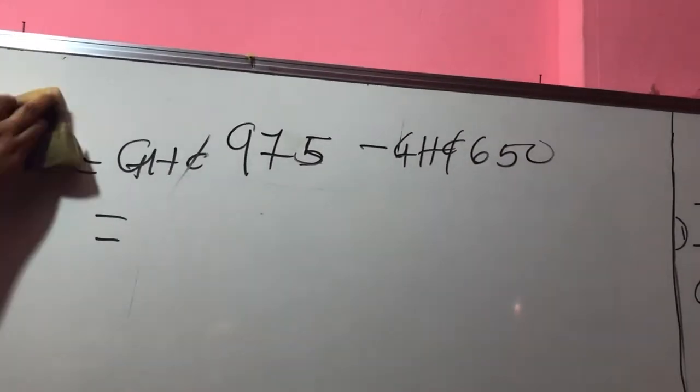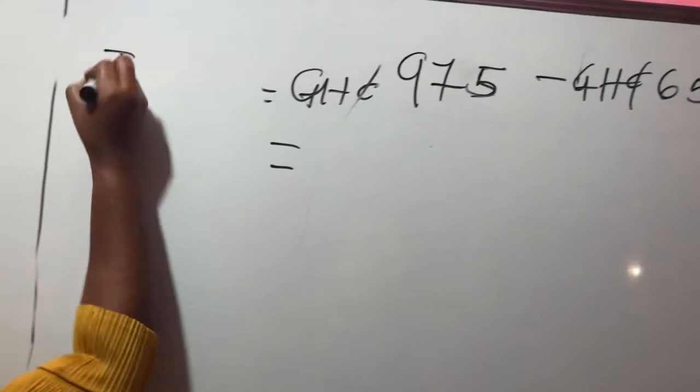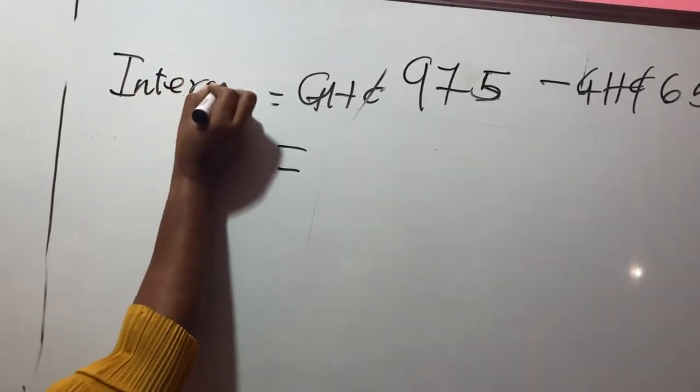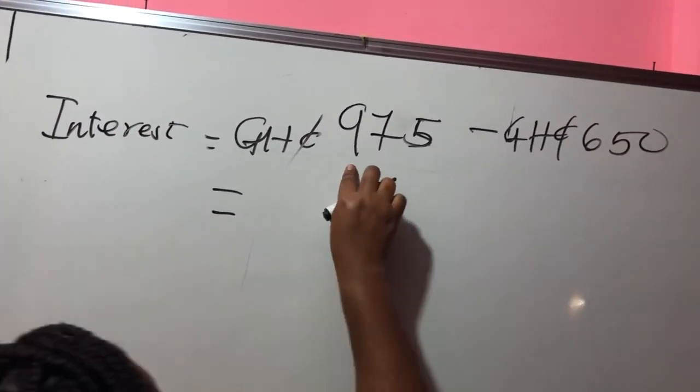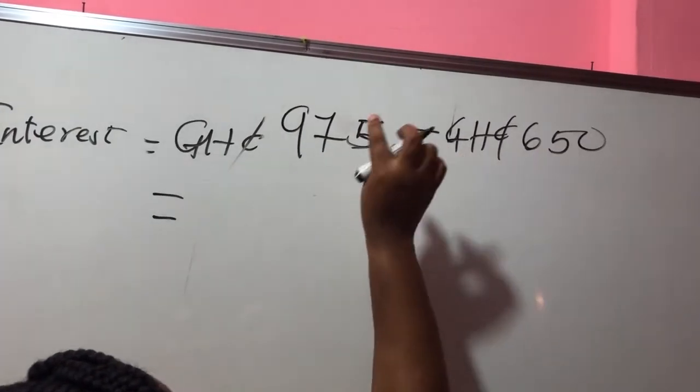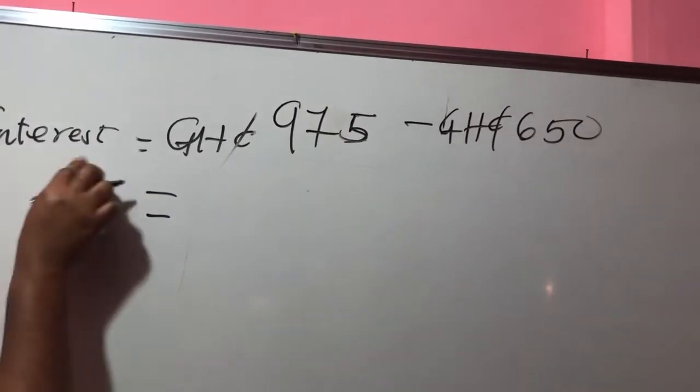Sorry, this is supposed to be interest, because amount minus the principal will give you the interest.